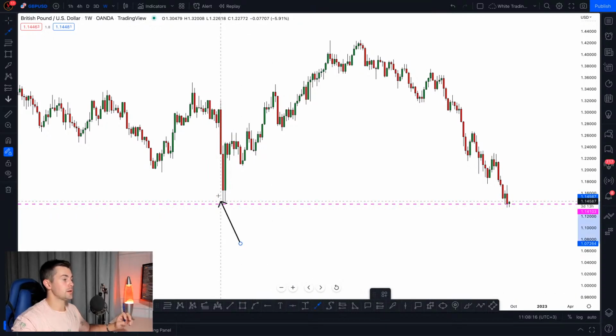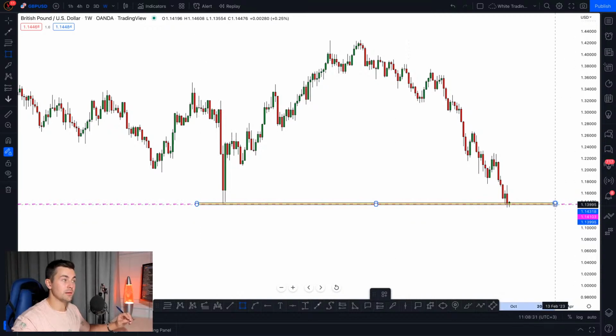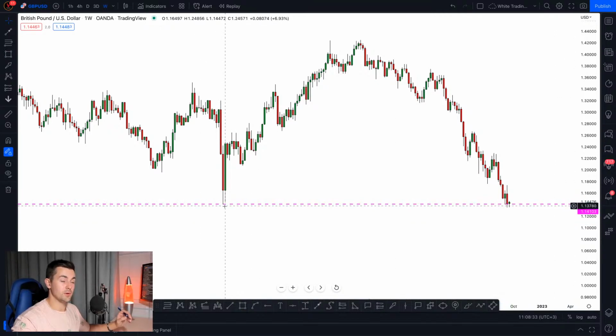The 2 years low is right here. And you can see how strong bullish movement initiated from that support. So pound dollar is currently testing that structure. You can see that at the moment we are standing on that structure.